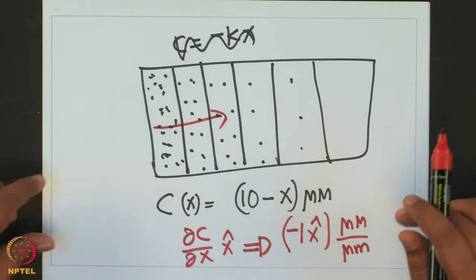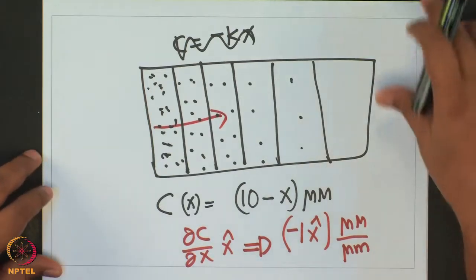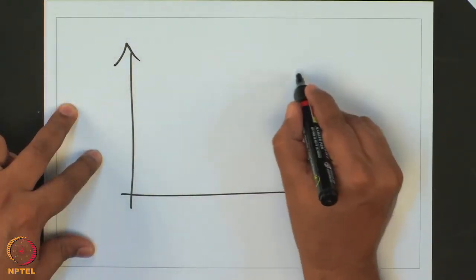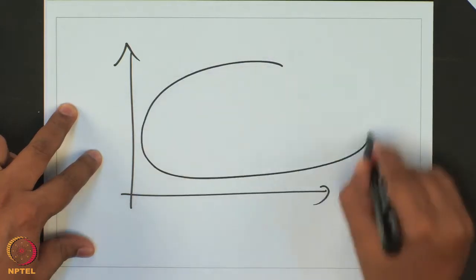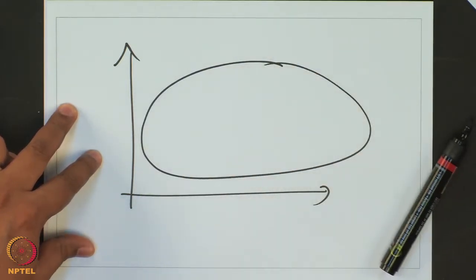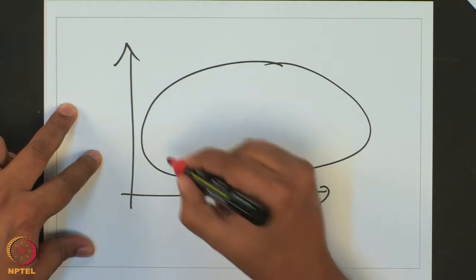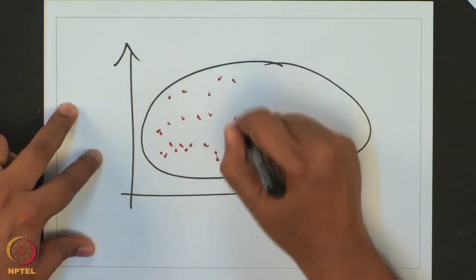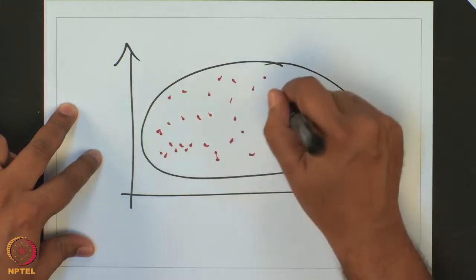Now let us think of concentration changing both along the x-axis and y-axis. If you think of a real cell, if I just draw an x-axis and a y-axis and draw some real cell like this, the concentration here could change both along x and y.